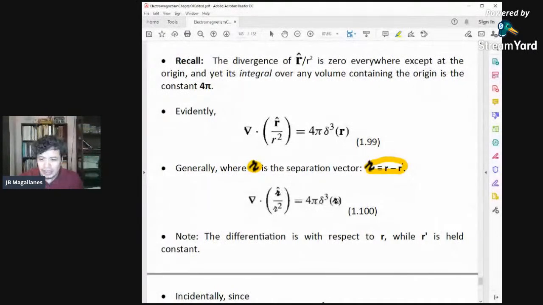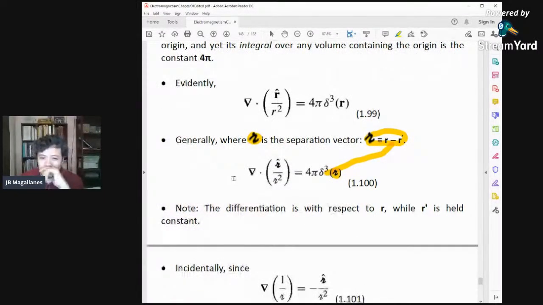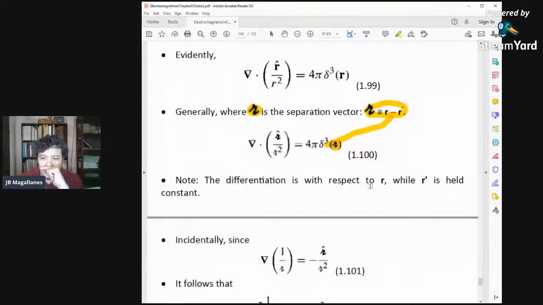In this case, what's inside the argument is r minus r prime. The differentiation is with respect to r, so your r prime is held constant. So remember that. But anyway, you will be able to check that when we solve problems.